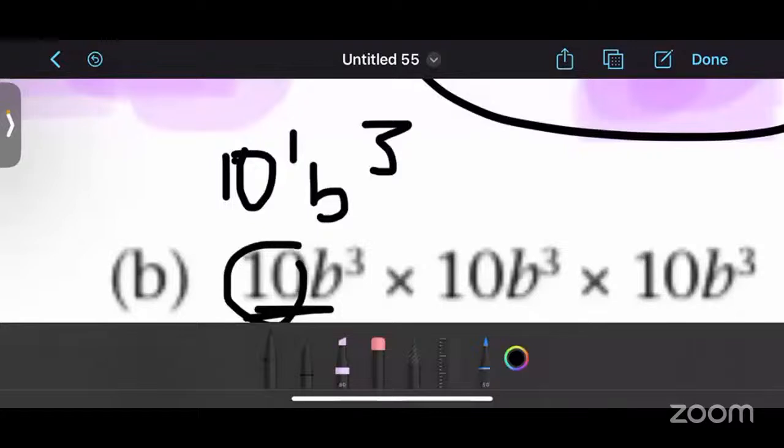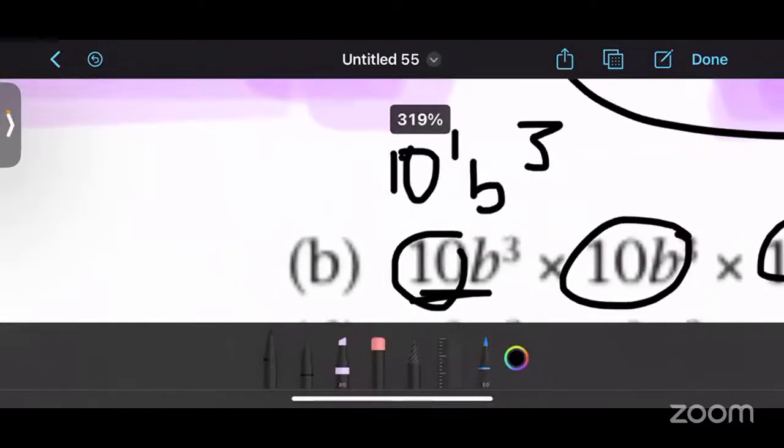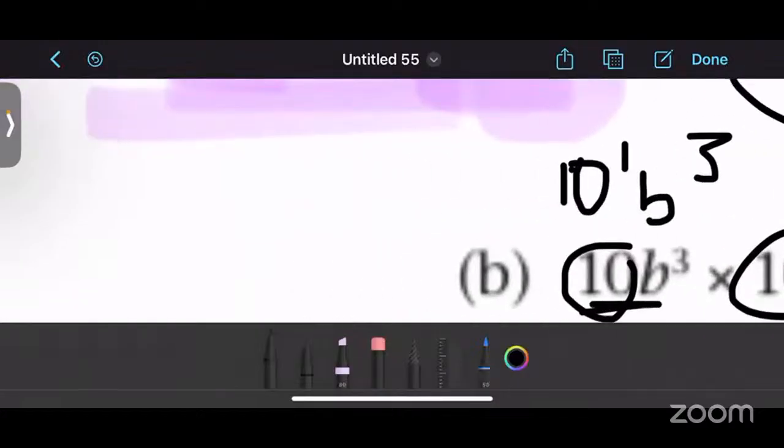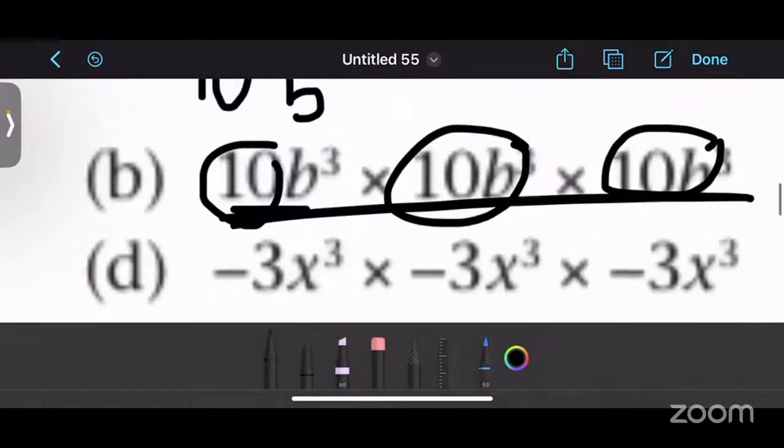And then we're going to be multiplying it with 10b to the power of 3 and 10b to the power of 3. Then we're going to add the exponents, right? So when we are adding exponents, we have 10 as our base for all the 10s that we're multiplying together.